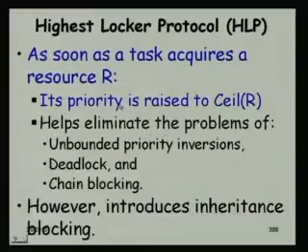Now, as soon as the task acquires the resource, its priority is raised to the ceiling value, and we will see that this simple mechanism will help eliminate the unbounded priority inversions, the deadlock and the chain blocking. But it would introduce a new problem which we will call inheritance blocking.